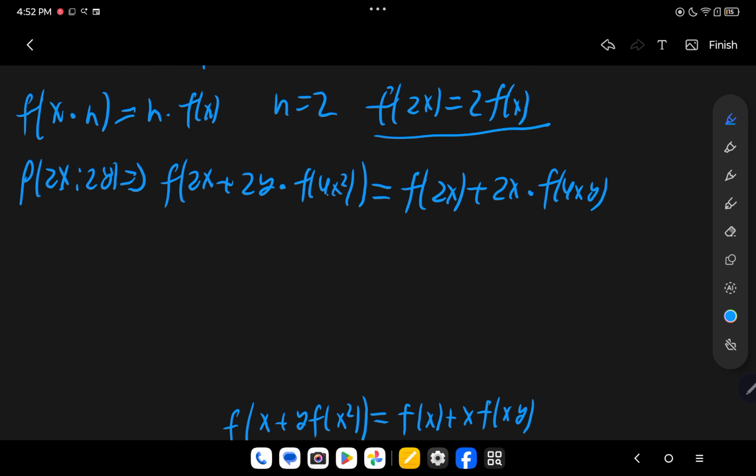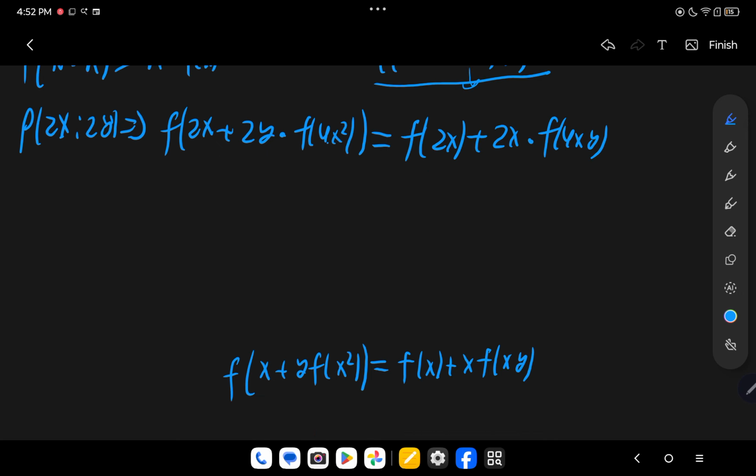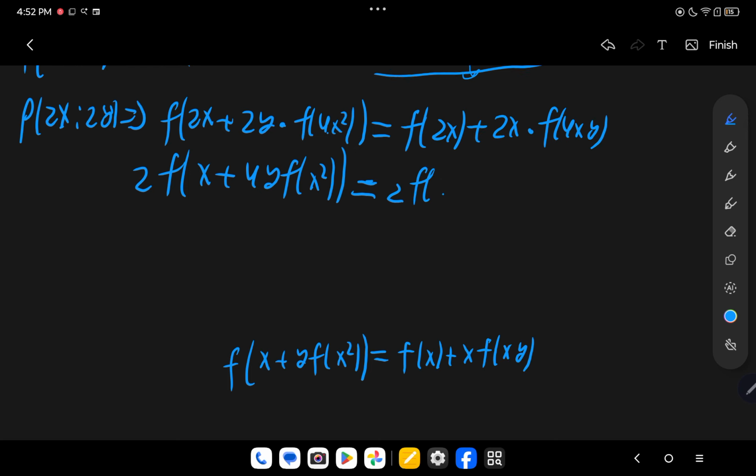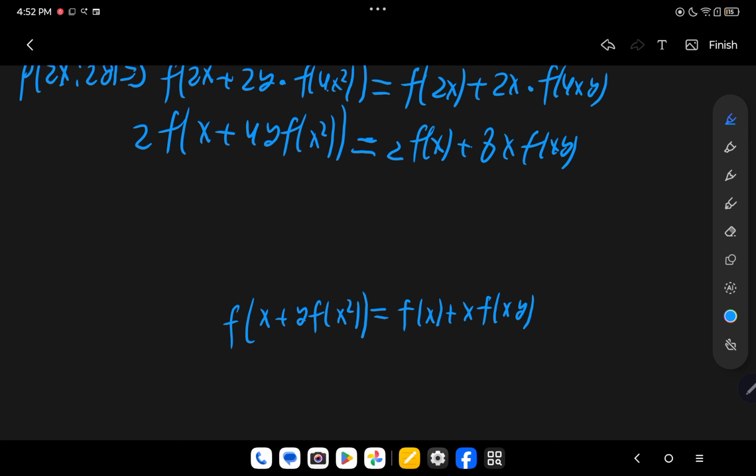Now we can bring 2's out, so we will get 2 times f(x plus 4y times f(x) squared) is equal to 2f(x) plus 8x times f(xy). And we can just remove the 2's, subtract both sides, and we will get this.